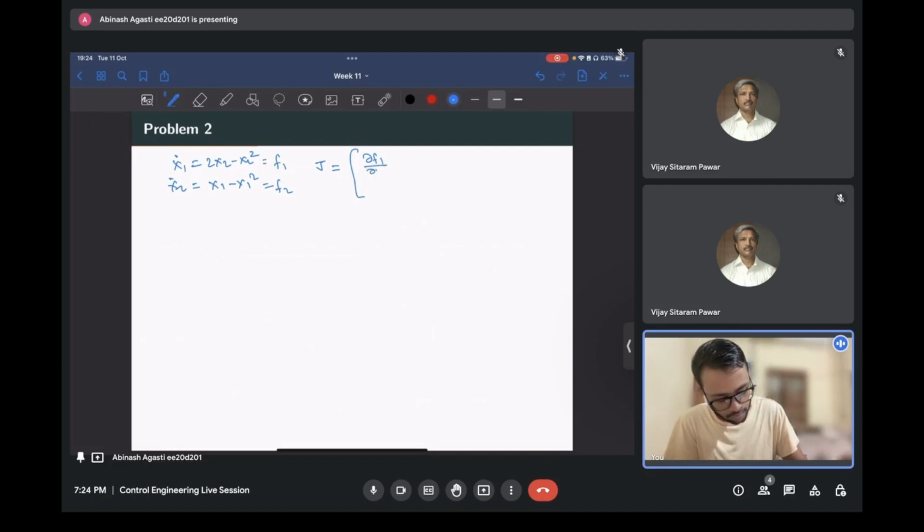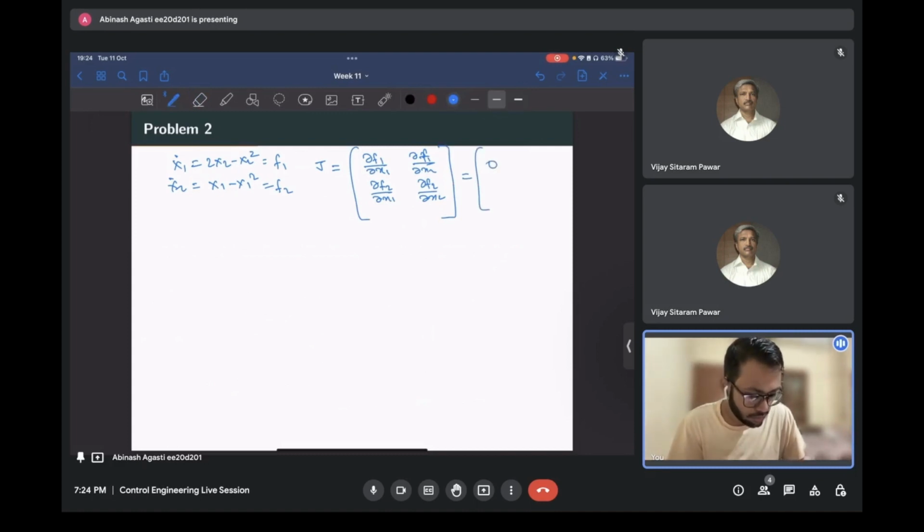So we'll have dou F1 by dou x1, dou F1 by dou x2, dou F2 by dou x1, dou F2 by dou x2. So dou F1 by dou x1 is 0, dou F1 by dou x2 is 2 minus 2x2, right? And dou F2 by dou x1 is 1 minus 2x1 and dou F2 by dou x2 is 0. So, yeah, this is the Jacobian.